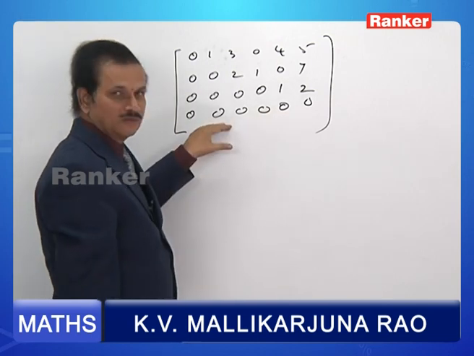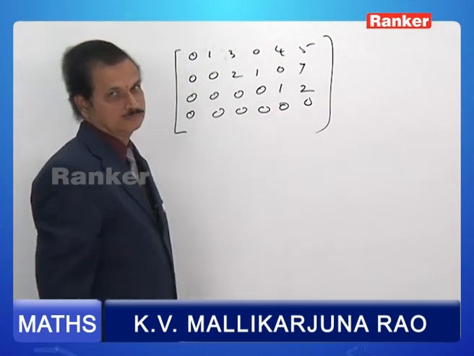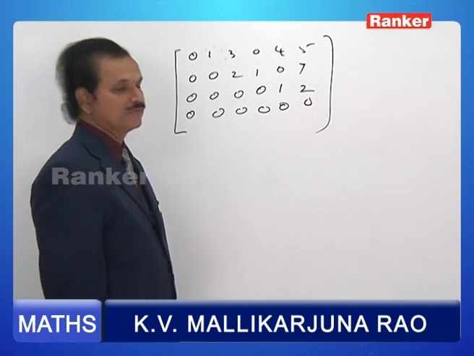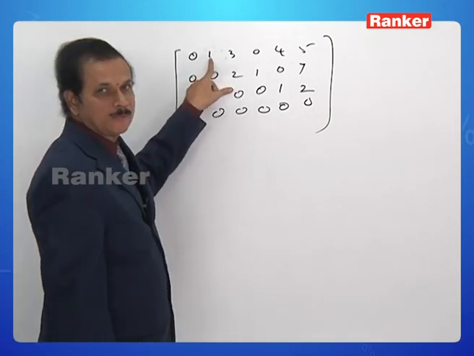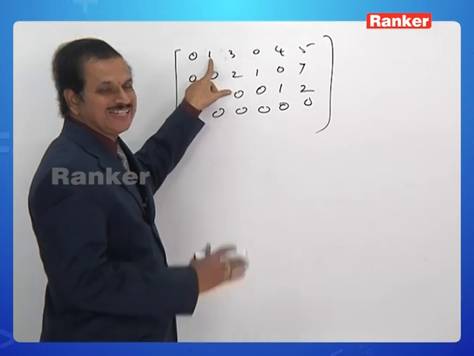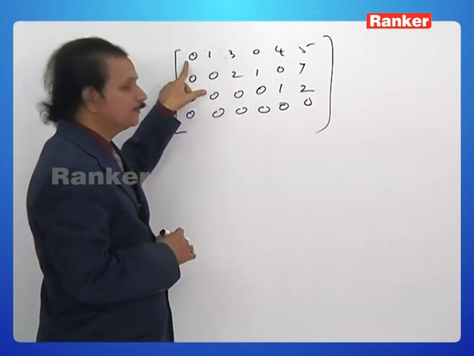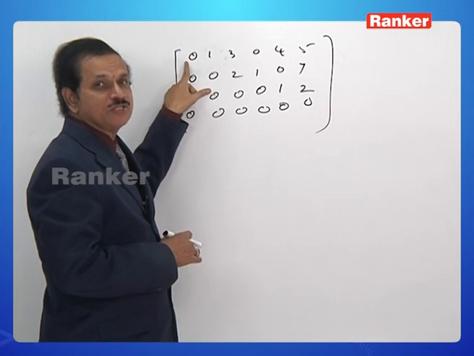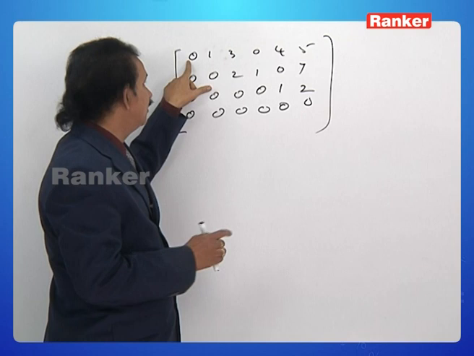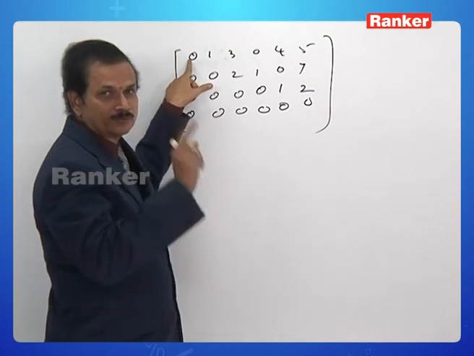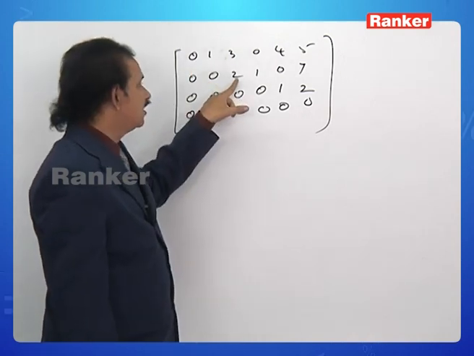The 0 row lies below every non-zero row. First rule is satisfied. What is the first non-zero entry? 1. How many zeros are there before that? 1.